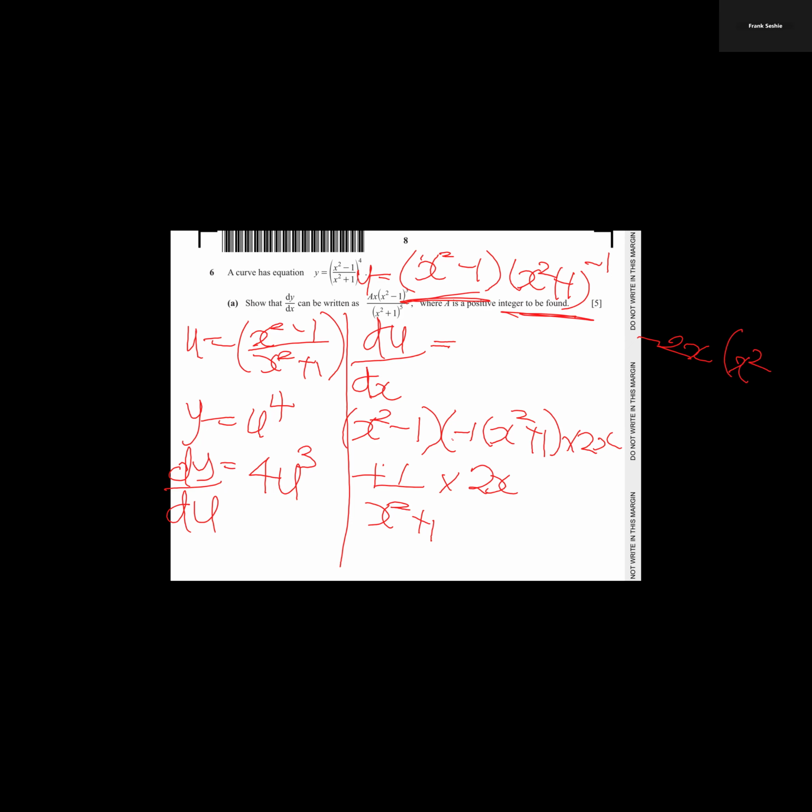I'm going to have x squared minus 1, and I have x squared plus 1 all squared. So du/dx is 2x over x squared plus 1 plus negative 2x (x squared minus 1) over (x squared plus 1) squared.